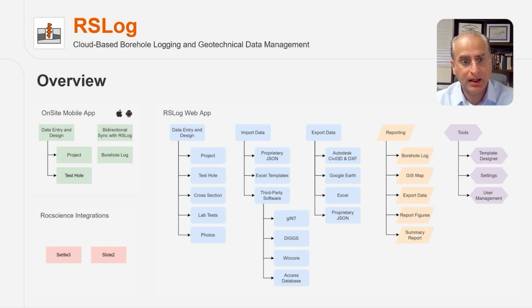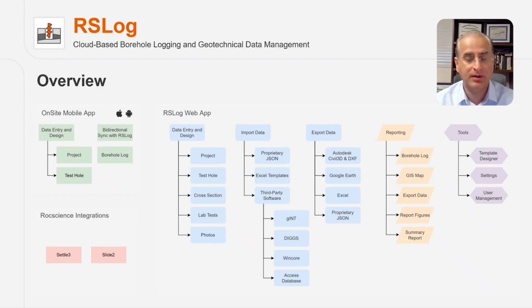And then we have integrations that we talked about. And then in terms of the web app itself, we have different ways of data entry for projects, boreholes, cross-sections, and lab tests. And then we have import from gINT, import from DIGGS, and other types of import. Import from CSV is available on every single page of RSLog.